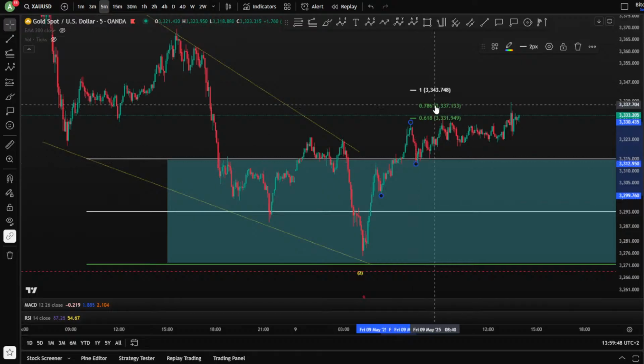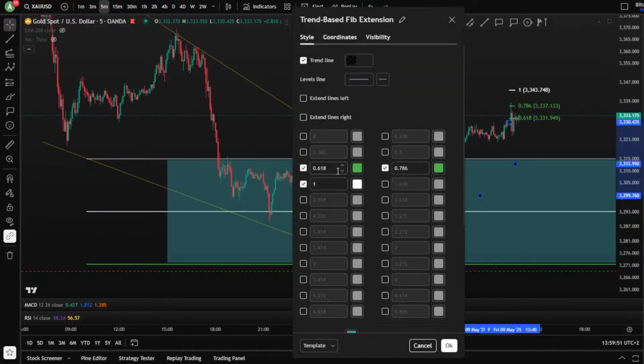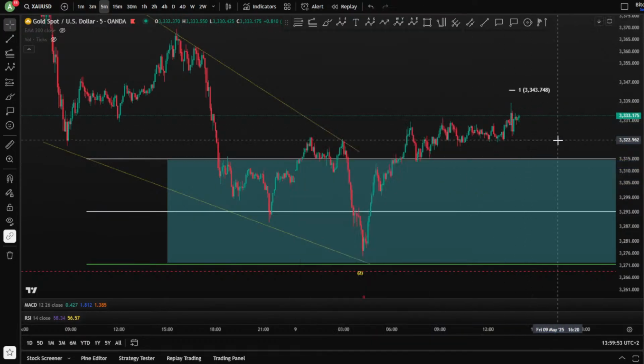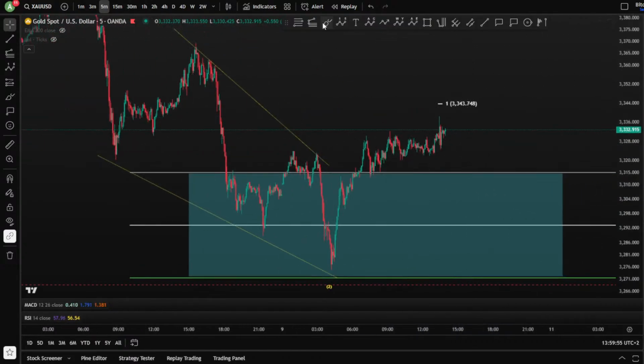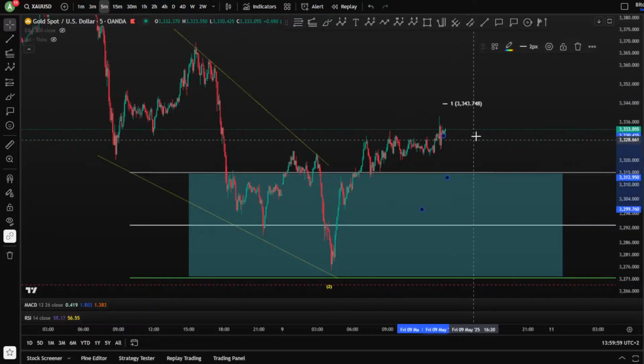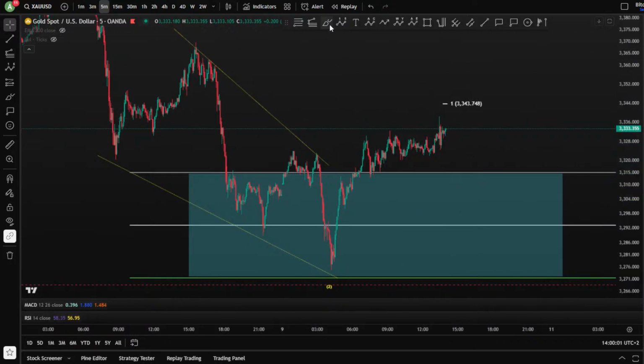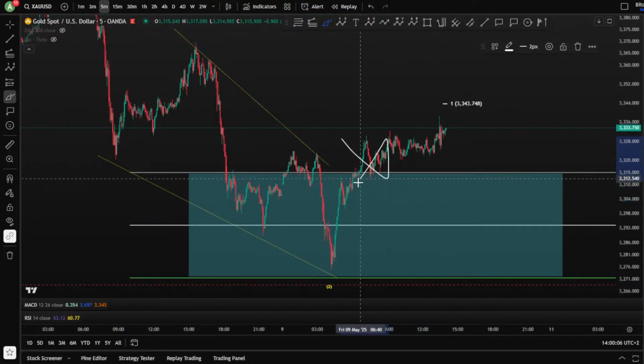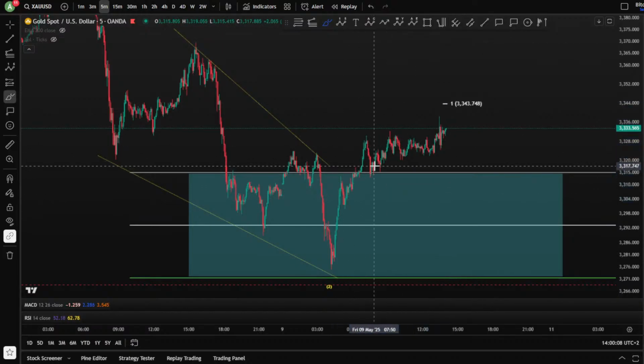this 1-to-1 fib level not hit. So here is the key level, yeah, to watch. If the price action moves and hits the 3,343, that means this wave 5 is longer than wave 3, meaning invalidation of the impulse. What does it mean?